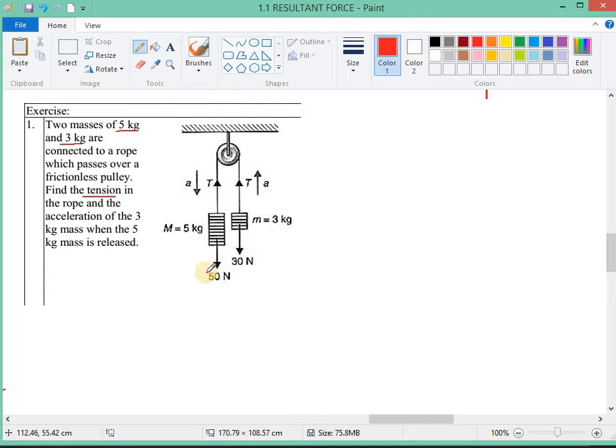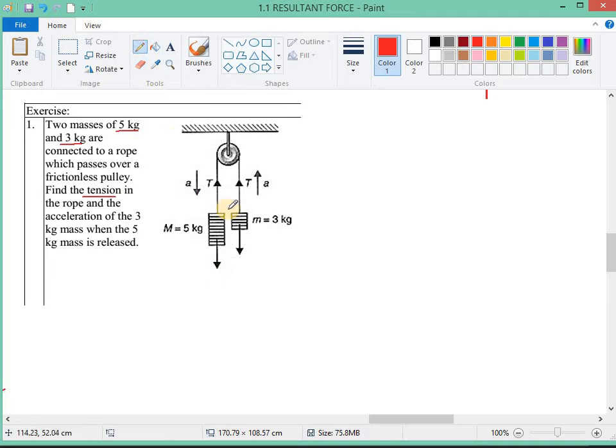For example, here it gives 50 Newton and 30 Newton, but again this is incorrect because 50 and 30 are based on the old syllabus. In the new syllabus, we calculate the weight using g equal to 9.81, not g equal to 10.